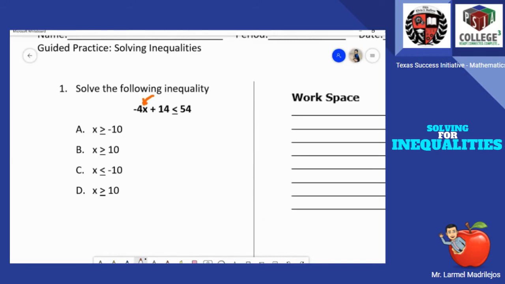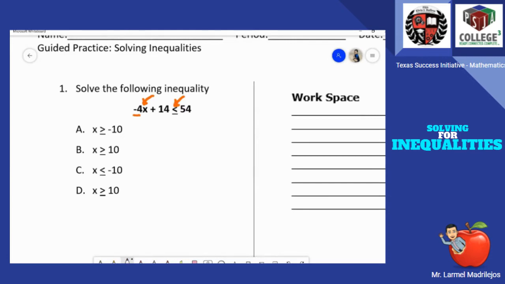I need to isolate my variable. Isolating variable means we need to do the inverse properties. Also you're going to look at the inequality. The reason I ask you to look at the inequality is because your coefficient here is a negative. So this inequality here will flip when we start the operation.